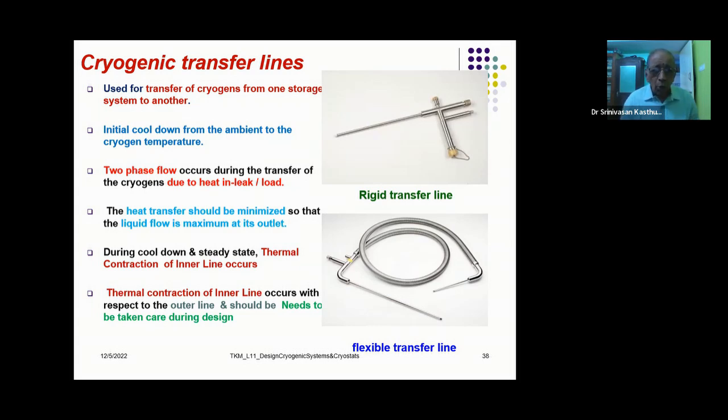The initial cool down from ambient to cryogenic temperature always happens whenever you first start using it. From room temperature you start using it, so you need to cool down the transfer line from room temperature to low temperature.